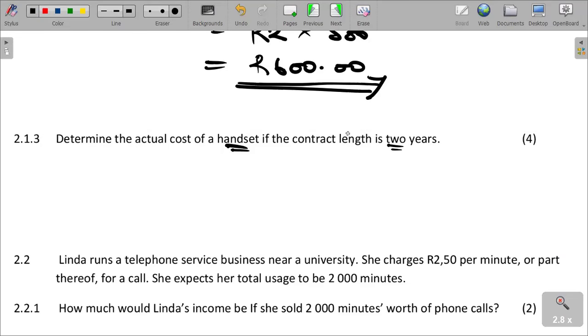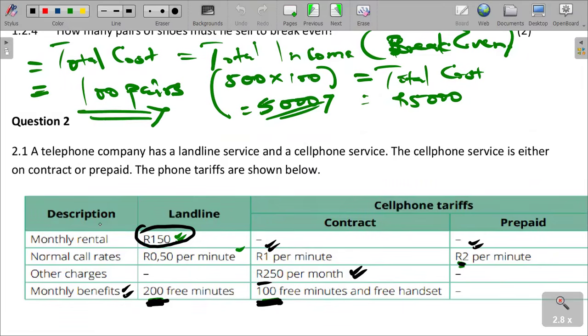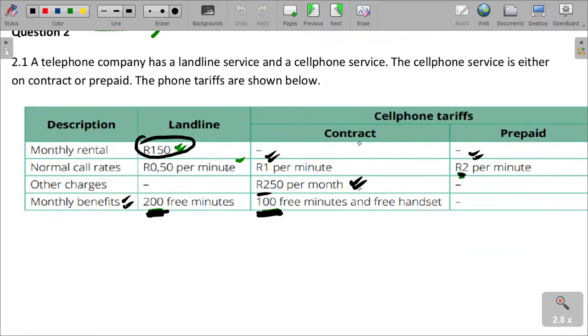according to our table there, is that it must be calculated by 250, the cell phone, the handset, and the free handset, 100 minutes. We are saying that it must be calculated as 250, and then the contract is going to be 2 years.